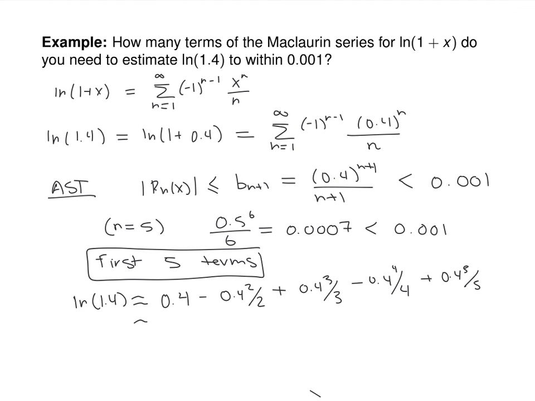And that's about equal to 0.33698 versus what I got in my calculator. I got that the natural log of 1.4 was about equal to 0.3364722. And look, you got these 3 decimal places matching with just 5 terms. And if you did say 10 terms, you might actually get enough accuracy that you don't need anything else and it's just good enough.